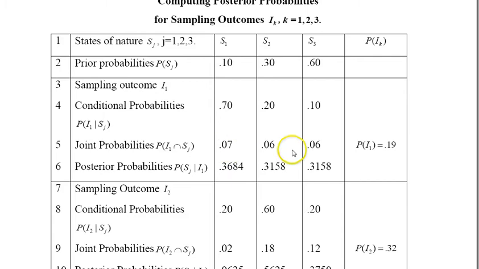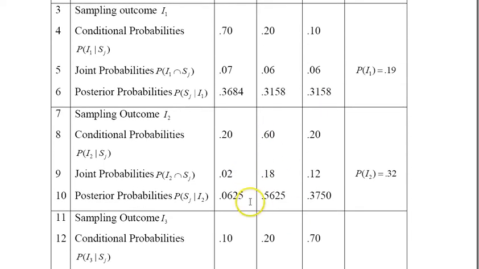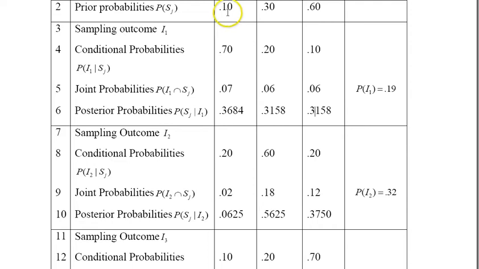So first I add all of these, and that gives me P of I1 for free. And then I take this divided by this, and I get my posterior probability for rain. This divided by this, I get the posterior probability for cloud. This divided by this, I get the posterior probability for sun. And then I do the same thing here. So I got those numbers. So I take this times this to get the joint, this times this to get the joint, add them up, and then divide each one of these by this number to get these ones here.